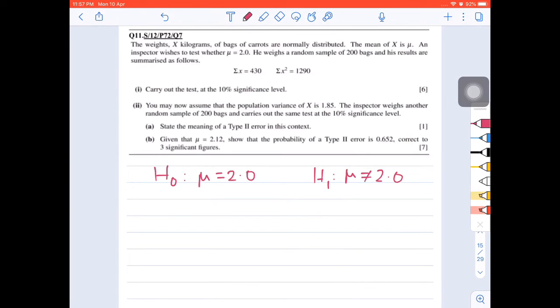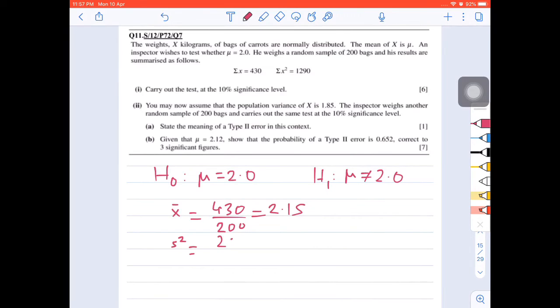So first we'll find x bar, that is 430 upon 200, 2.15. Then we'll find s squared, because over here the population variance is not given, so we'll be using the unbiased estimate of the population variance.